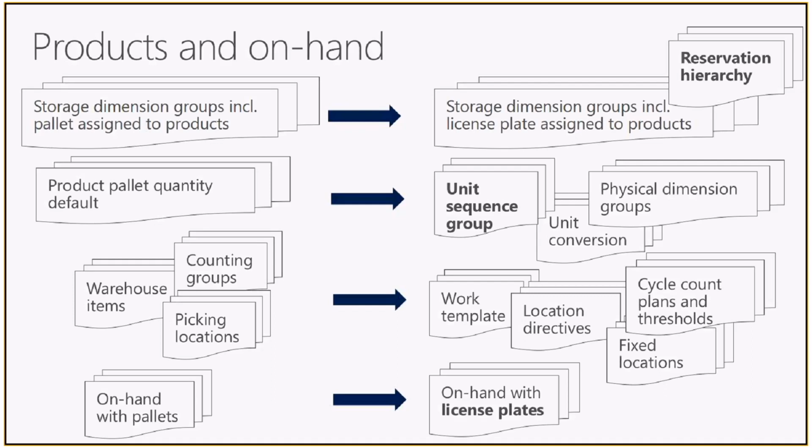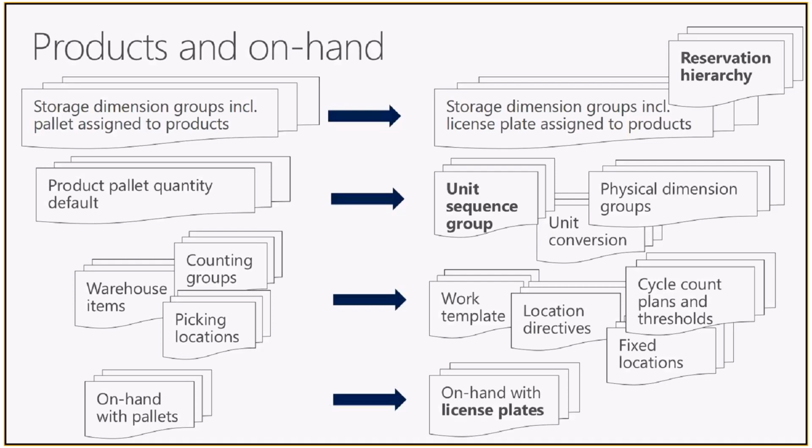The last part, about on-hand: as I will probably keep mentioning many times during this presentation, pallets are not supported. You'll need to use license plates or go all the way back. We call that a downgrade scenario, where you only use location for those processes, which is also, of course, an option.